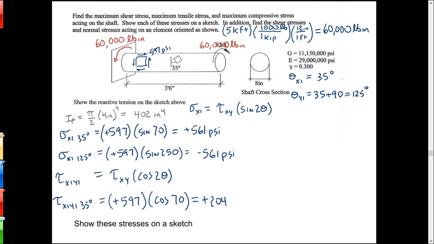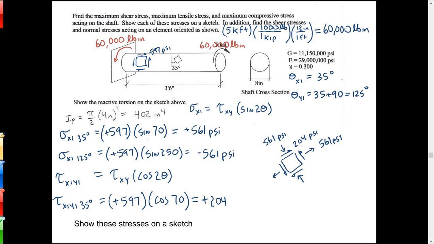Doing all right with that? And you can make a sketch out of it. The normal stress on the 35-degree plane is positive. 90 degrees off of that, it's negative. And then the shear on the 35-degree plane is positive also. So something like that. You can see that the normal stresses pretty well match the 45-degree plane.